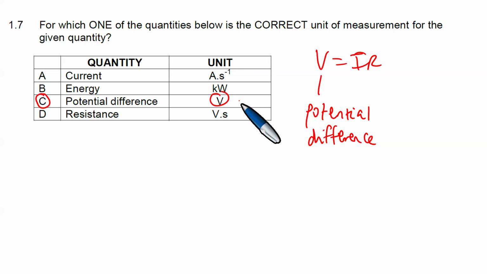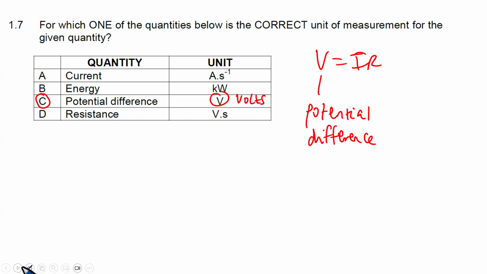In volts. So the unit of potential difference is V, the volt. Yeah, we're good.